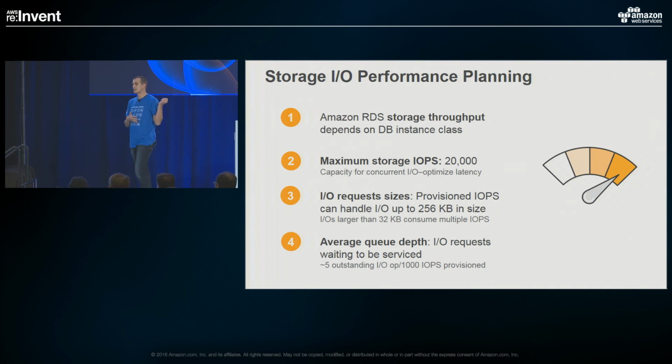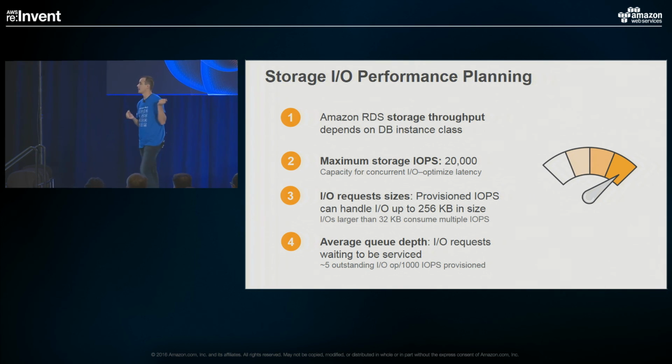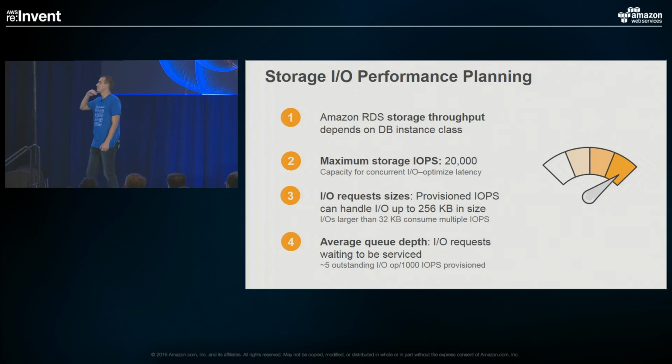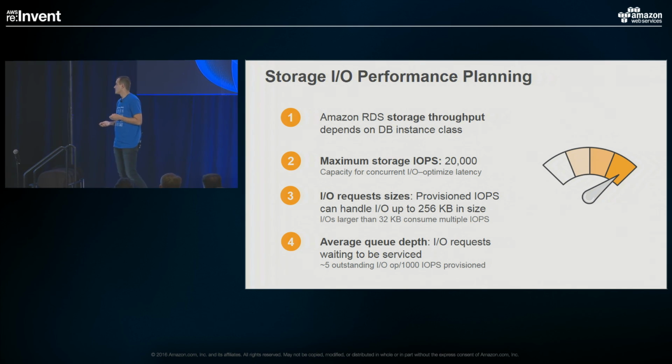Now, coming back to SQL Server, which likes 64 KB operations, you're actually in a situation where you may not maximize on IOPS whenever you're running into issues, but you might fully maximize the throughput of that storage or of that database instance class, not the IOPS.